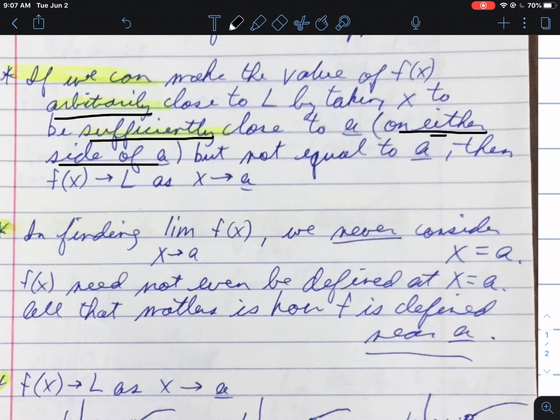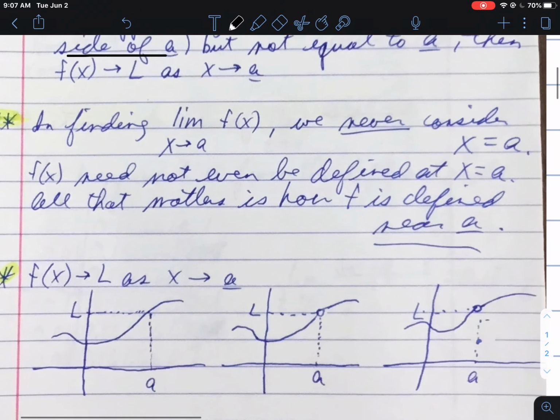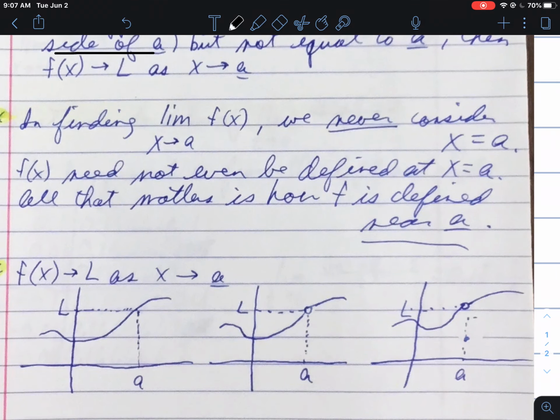We can say that f of x approaches L as x approaches a, if we can see that pattern. So in finding the limit as x approaches a of f of x, we never consider x equals a.